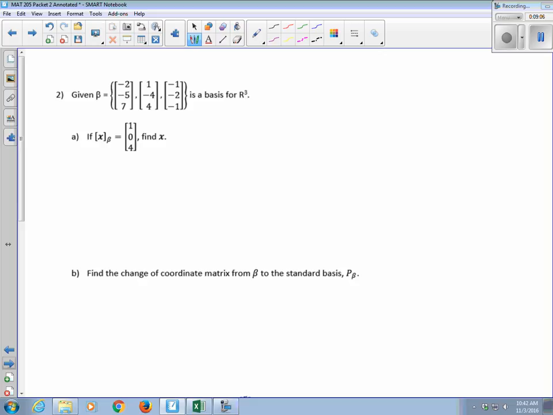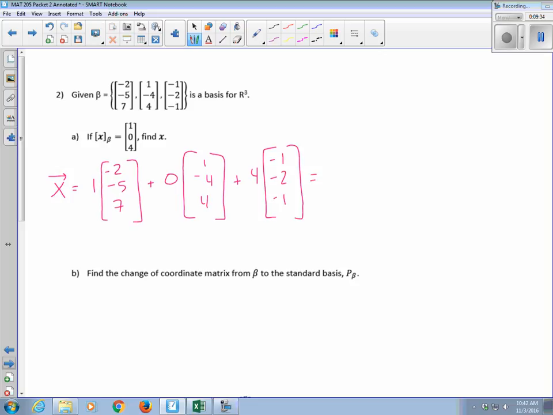So this is actually a fairly straightforward question. There's very little algebra. My vector x is just, I've been given a vector of weights to throw on the basis. So I put a 1 on (-2, -5, 7), a 0 on (1, -4, 4), and a 4 on my third basis vector. And I end up with (-6, -13, 3).